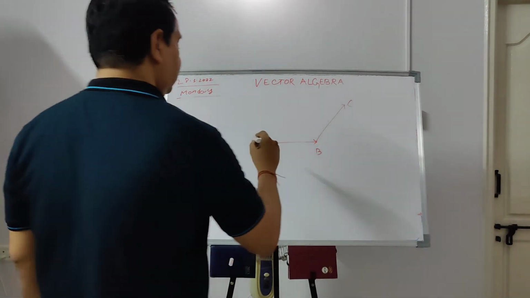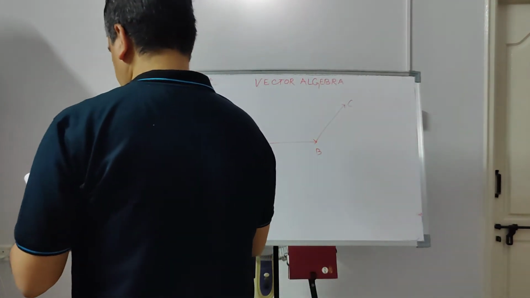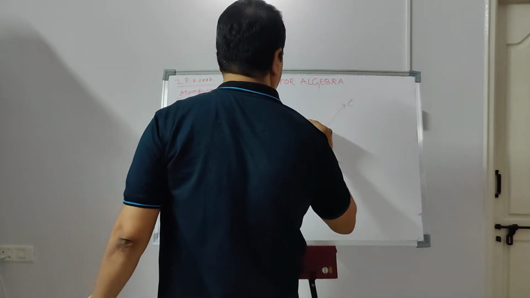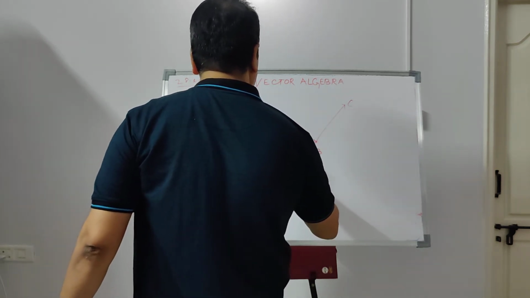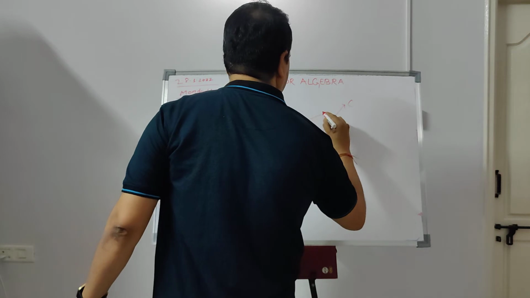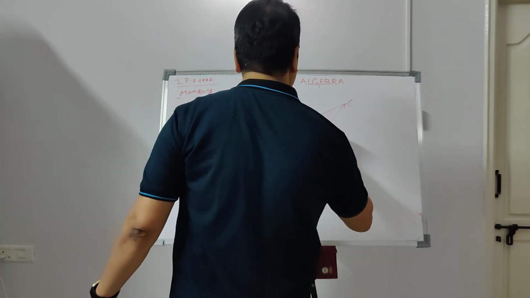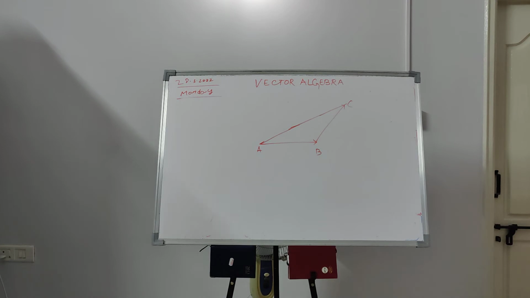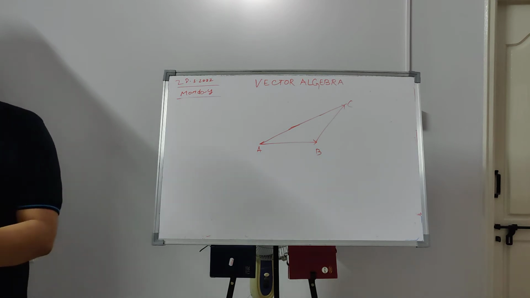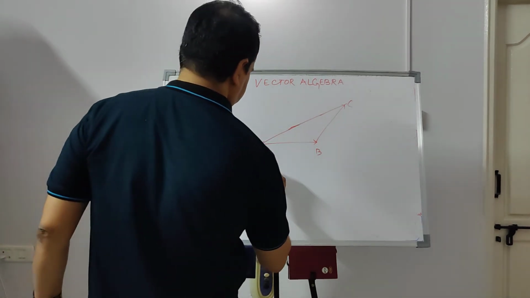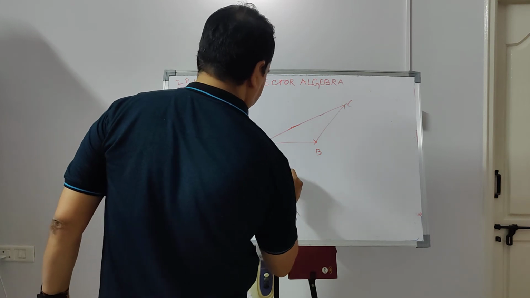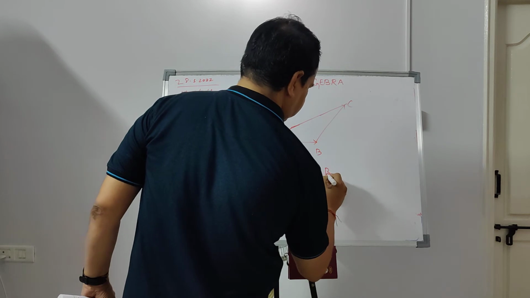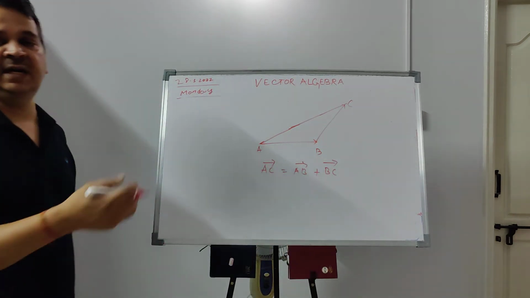So that is given by AC. This AC vector is called the addition of AB plus BC. So this gives the net displacement.